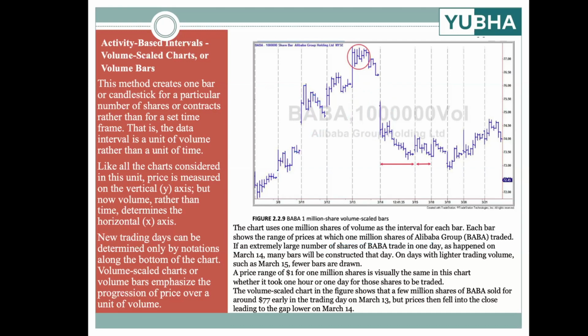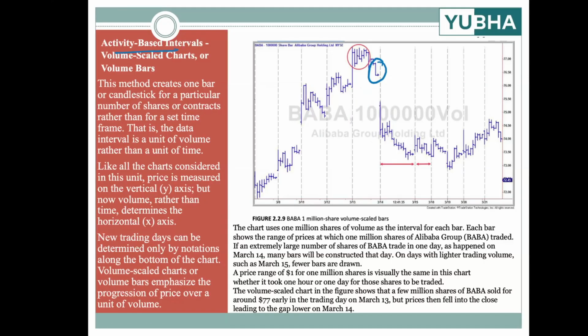But the difference between what we've learned till now and activity based bars is that activity based bars really talk about the volume of shares that have been trading, versus the time based bars that we've seen till now.